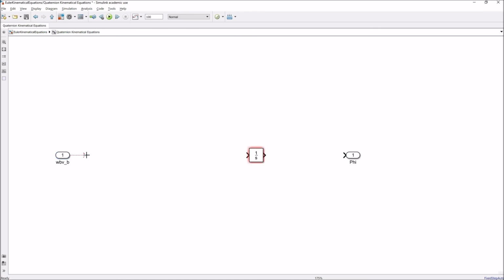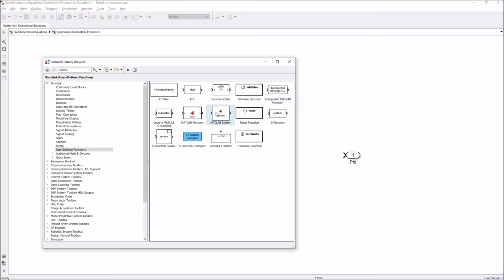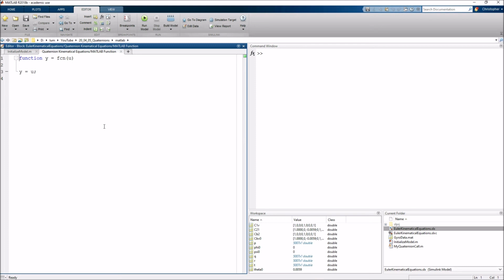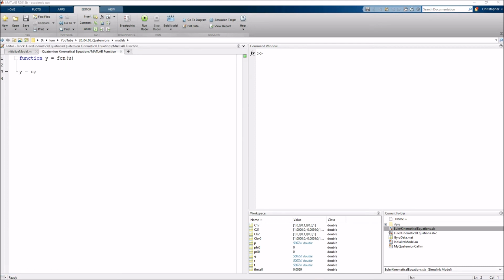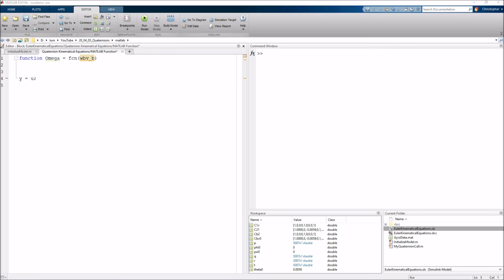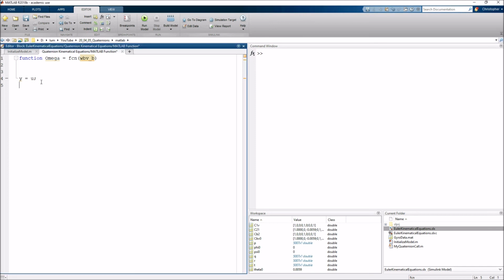The next thing that we might want to do is form that omega matrix. So I'm going to come to my Simulink library browser and grab my MATLAB function block, because that's an easy way to build a 4x4 matrix. I'll double click on this and build that. Now, so you don't have to watch me input all of this, I'm just going to say that omega BV comes in and we want omega coming out, and I prepared this off screen so you don't have to watch me type all of this in and make transposition errors.